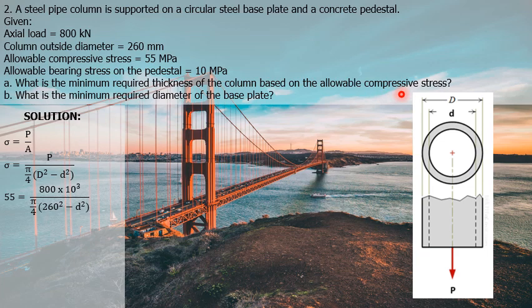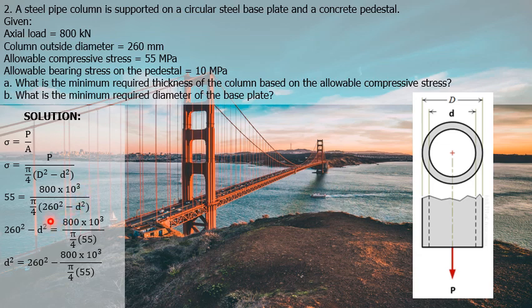Compressive stress, normal stress, is equal to sigma is equal to P over A. Since we have a hollow cross-sectional area, the area is equal to area of the big circle minus area of the small circle, which is equal to pi fourths quantity big D squared minus small d squared.